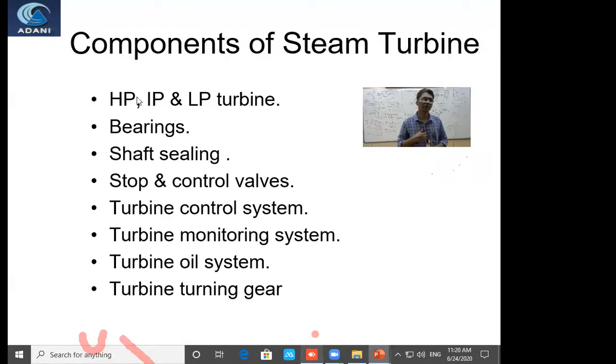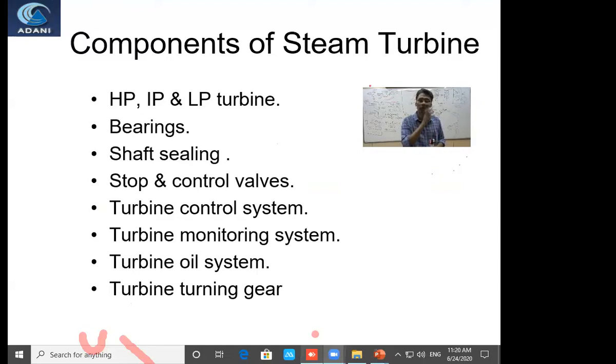HP, IP, LP turbine. The main components of the turbine are the HP turbine, IP turbine, and LP turbine. Bearing is the supporting arrangement. Shaft sealing, because to prevent leakage of steam, we have to provide sealing in the turbine rotating part. Stop and control valves are also part of the turbine. The turbine control system is for instrumentation people.